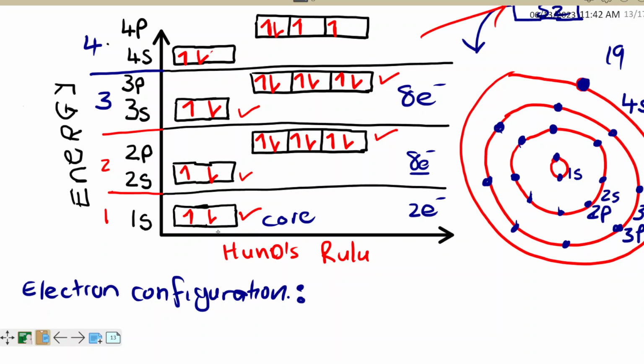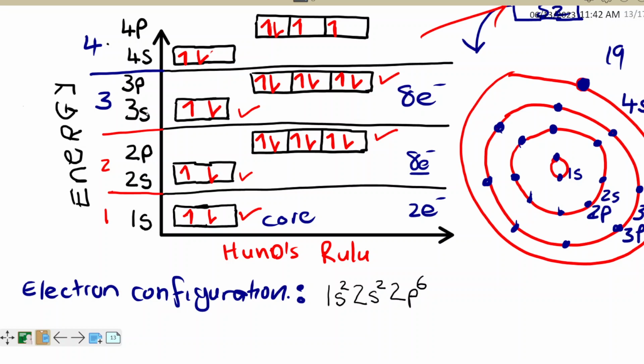Now look at the first orbital, the 1s orbital. You say 1s. How many electrons in the 1s? There are 2 electrons. So you say 1s to the power 2. Then you go to the 2s orbital. How many electrons in the 2s? There are 2. Then you go to the 2p orbital. How many electrons in the 2p? There are 6.